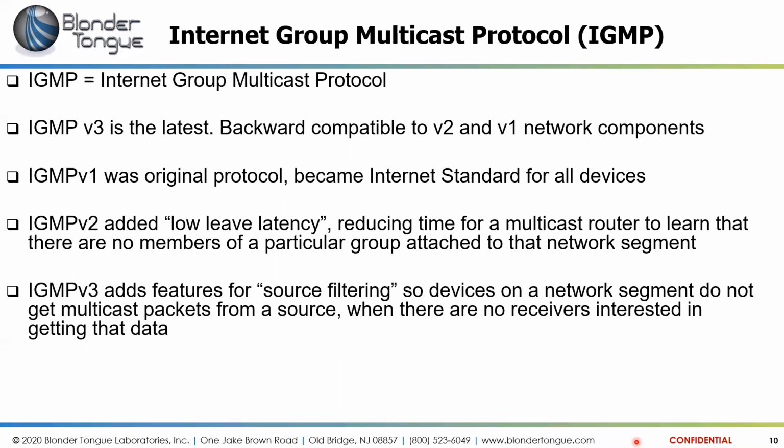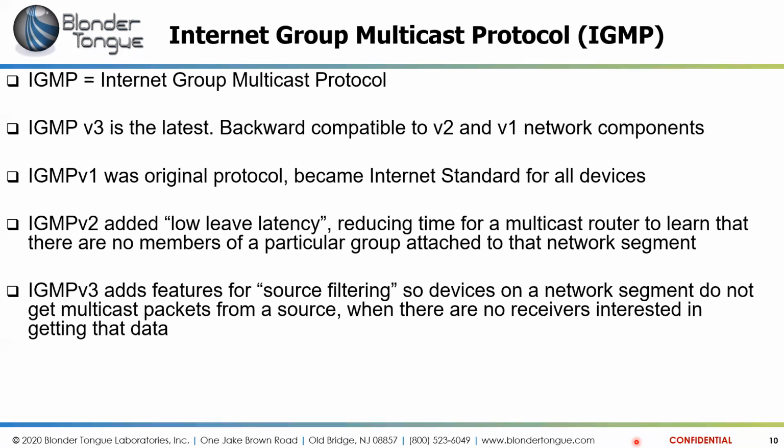Right now, IGMP version 3 is the latest. It claims it's backwards compatible to version 2 and version 1 components. I have not personally worked with a system that has both, but I am told from others who have that it can be a little finicky at best. So it's always best to have the same version hardware on your network if you can.